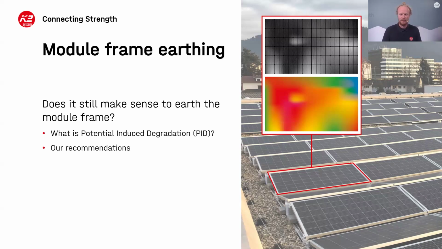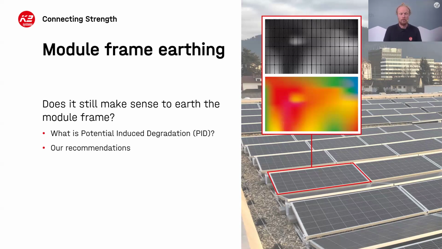It usually occurs where there is a negative voltage to the Earth's potential. So if the system, whether it be the frame or the whole PV system, is at a negative potential to the Earth, it is accelerated where there is a high voltage difference, high temperatures, or high humidity.